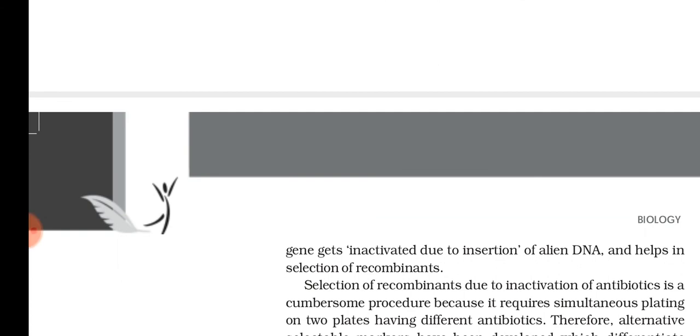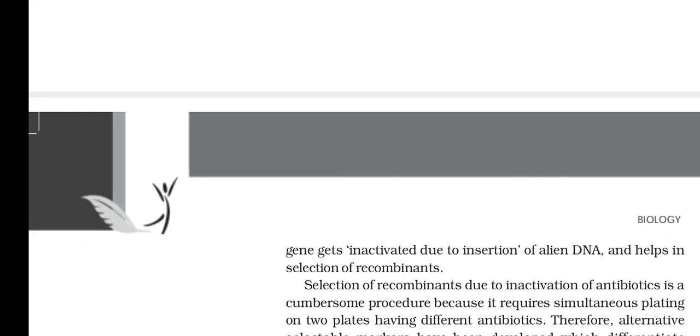When alien DNA is inserted into a particular gene, that gene gets inactivated, isn't it? It cannot be read by the polymerases and cannot produce the protein.